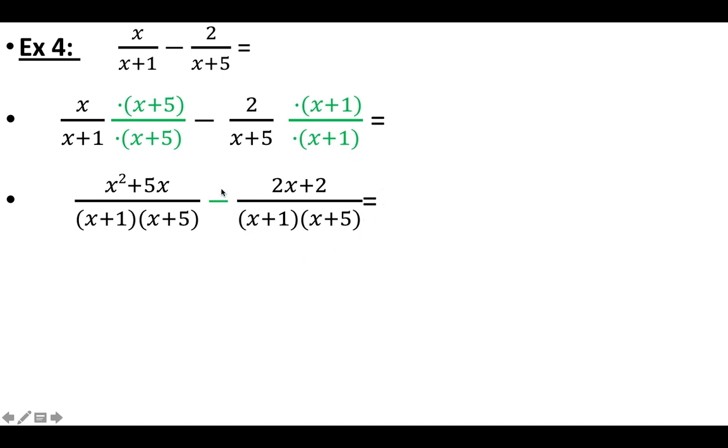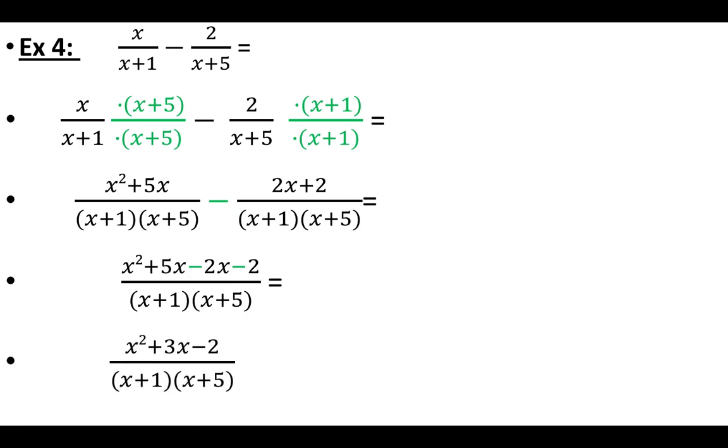Therefore, this minus sign must distribute. We distribute that, and then we'll be able to combine like terms. So we have 5x minus 2x, which gives you 3x. Then you've fully combined your like terms in the numerator, and you leave your denominator the same.